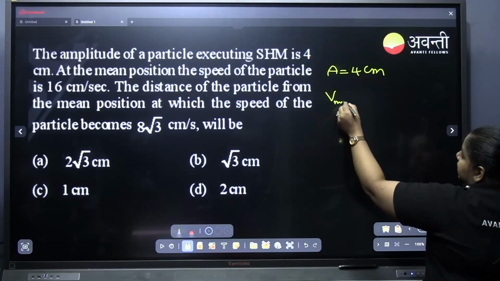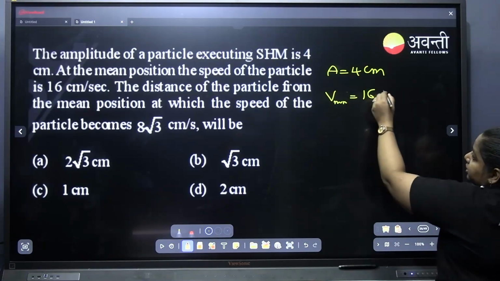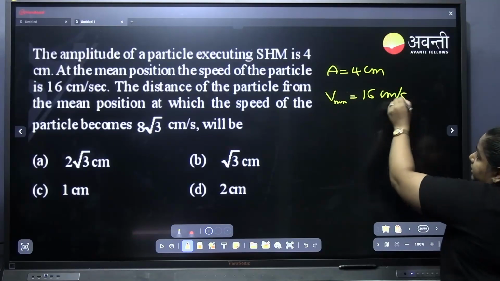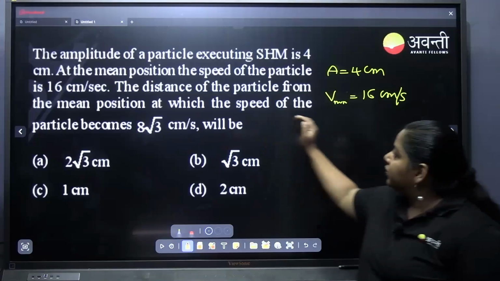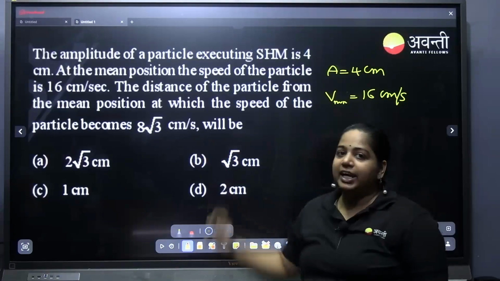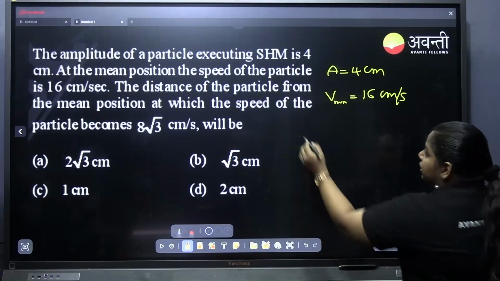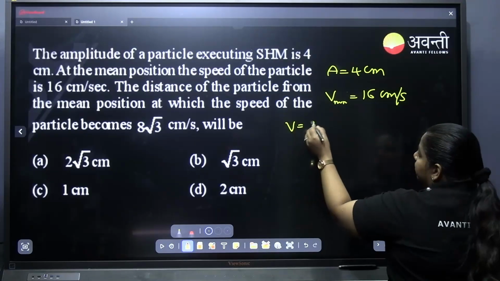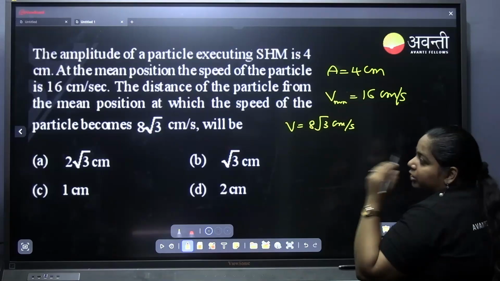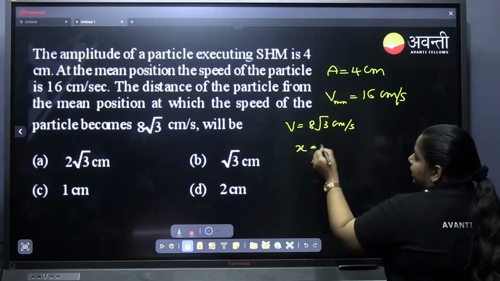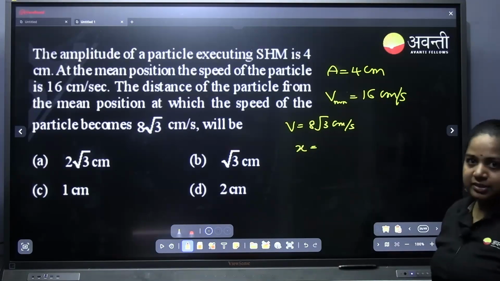So velocity at mean equal to 16 centimeter per second. The speed of the particle becomes 8√3 centimeter per second at some distance from the mean position. You have to find the position at which the velocity is this.